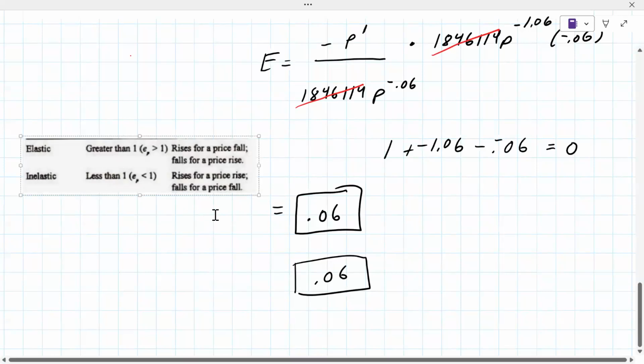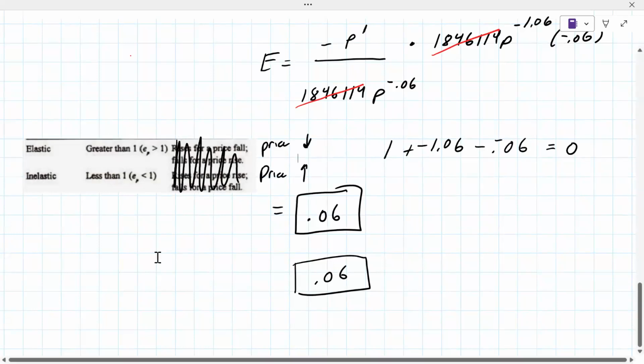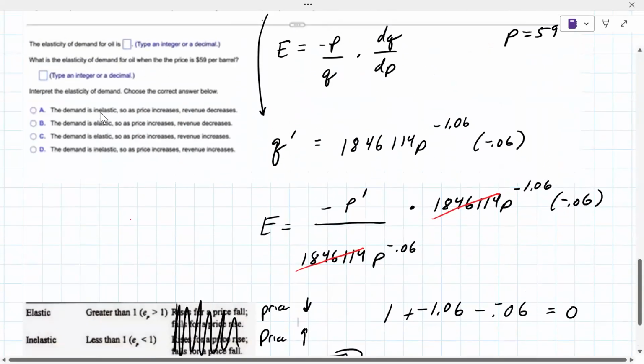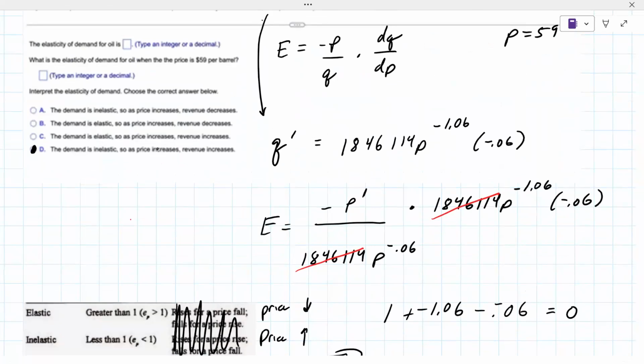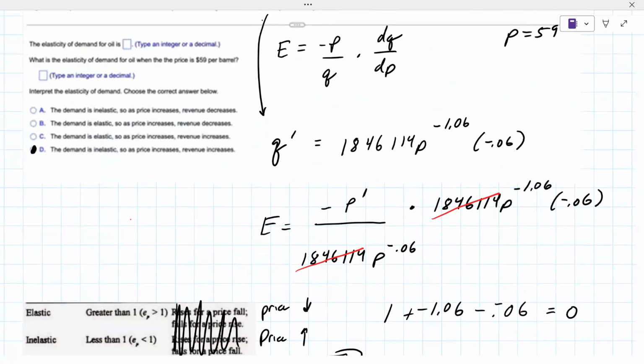And this is confusing over here. Basically, if it's inelastic, you want price to go up. And if it's elastic, you want price to go down. So in your problem, it's inelastic. Price should increase and revenue will increase. So the last one? Yes. Okay.